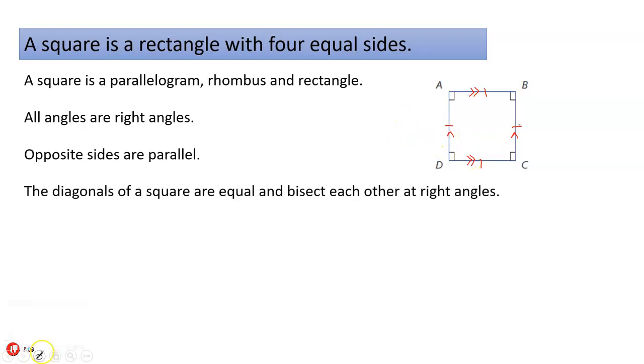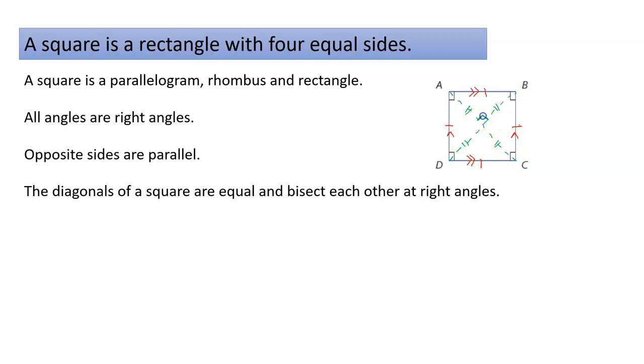The diagonals of the square are equal and bisect each other at right angles. They're equal because it's a rectangle. They bisect each other at right angles because it's a rhombus. So this and this and this and this, they're all the same length.